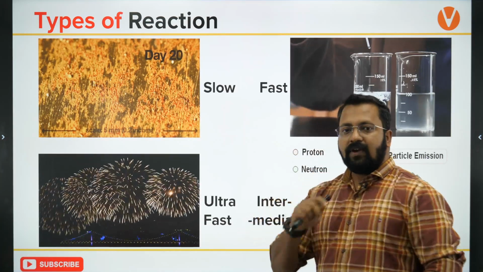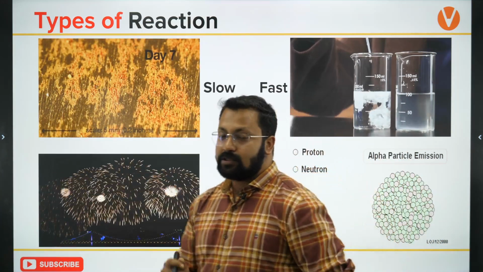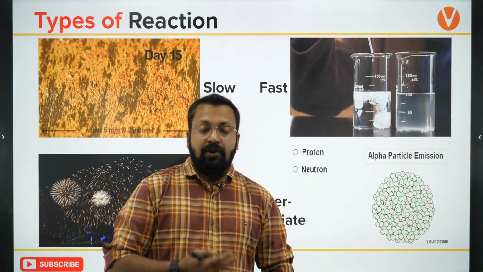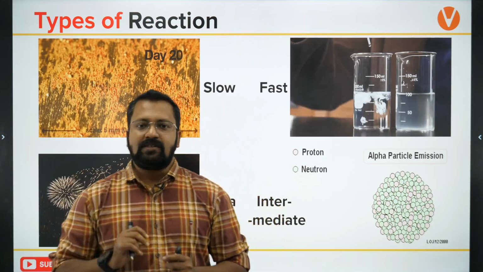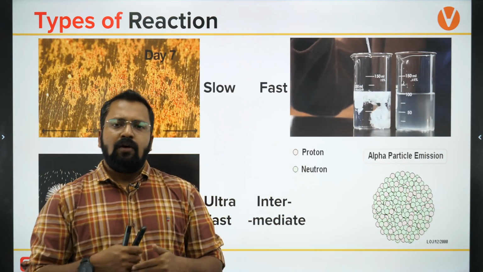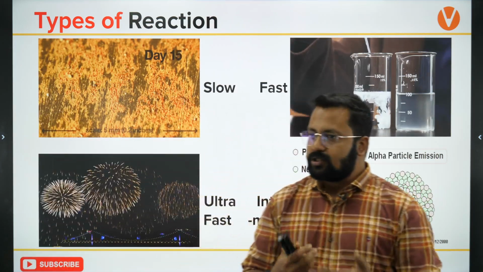All of these are of intermediate rate, and this we can study. There are so many reactions which we can study, like decomposition of hydrogen peroxide, reaction of hydrogen and chlorine in sunlight, decomposition of nitrogen pentoxide, esterification reaction, decomposition of an ester, hydrolysis of an ester.